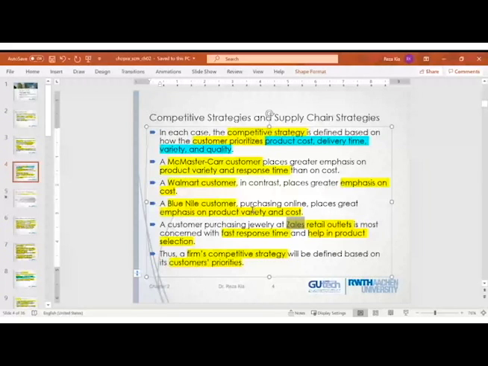The last point here is that when we want to define our competitive strategy and provide competitive advantages, it should be aligned with the customer priority.